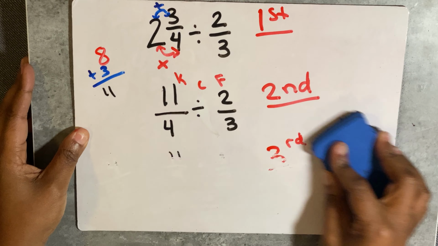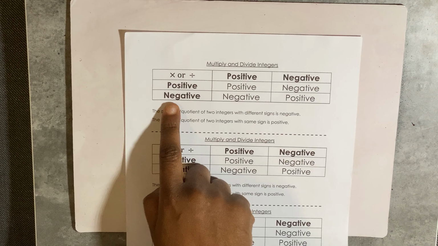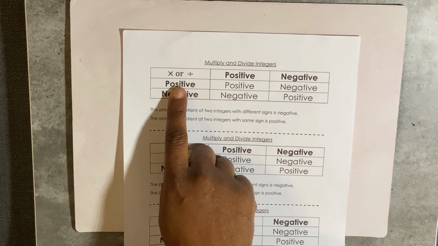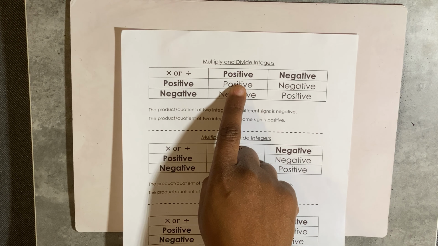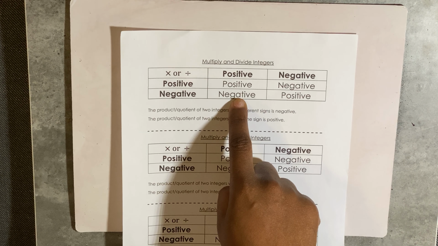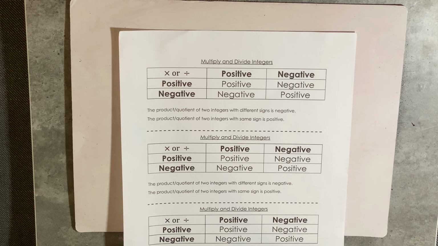With a negative. And remember, these notes will be posted as a reminder. So I'm also going to post this note here so that you can remember that when you're multiplying or dividing, a negative times a negative is a positive, okay? Hopefully that makes sense.